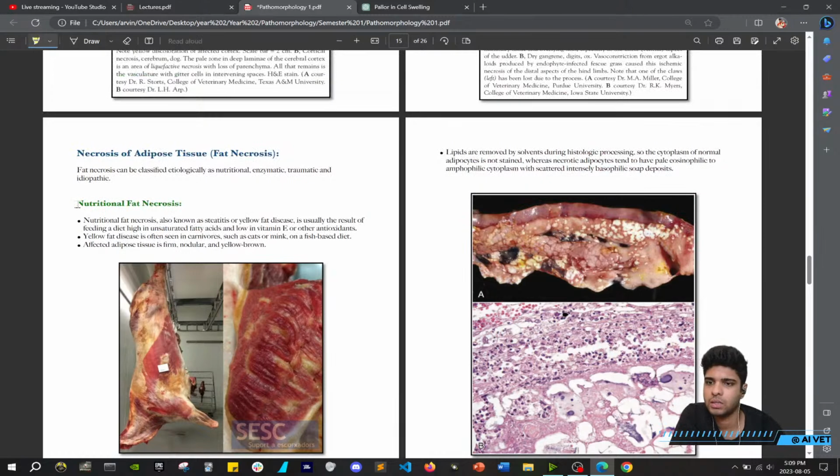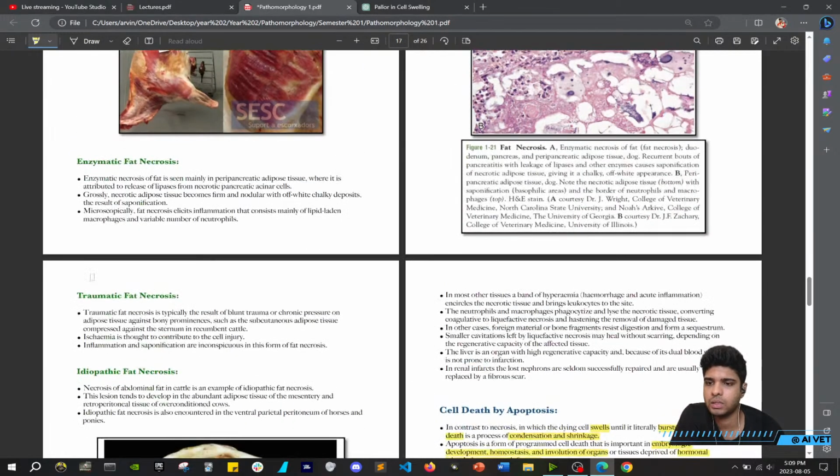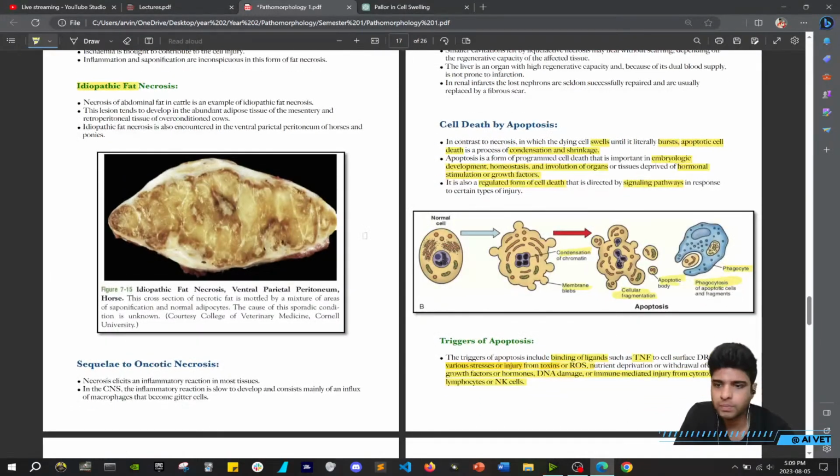Yeah. So, nutritional, enzymatic, traumatic, and idiopathic. Idiopathic means causes of unknown origin, I guess. So yeah. Macular necrosis, okay, I'm not sure what that is.